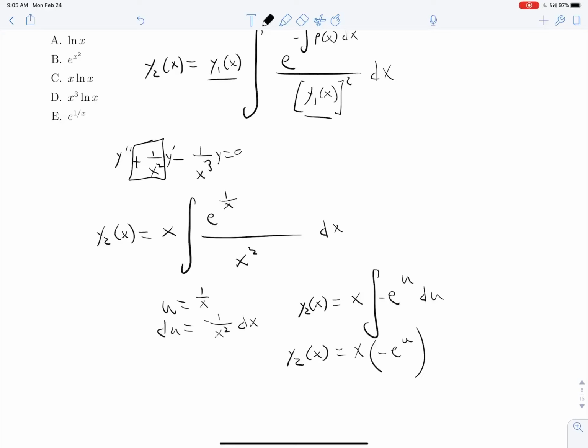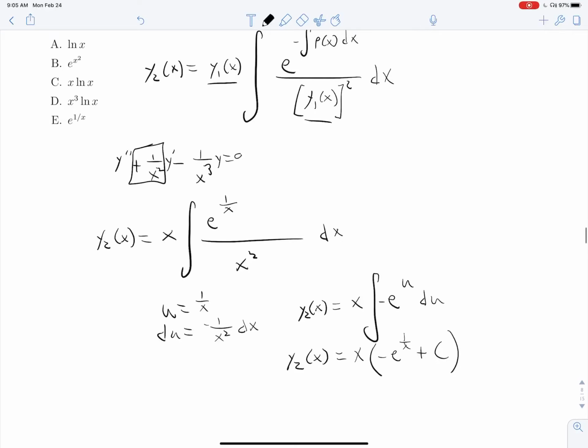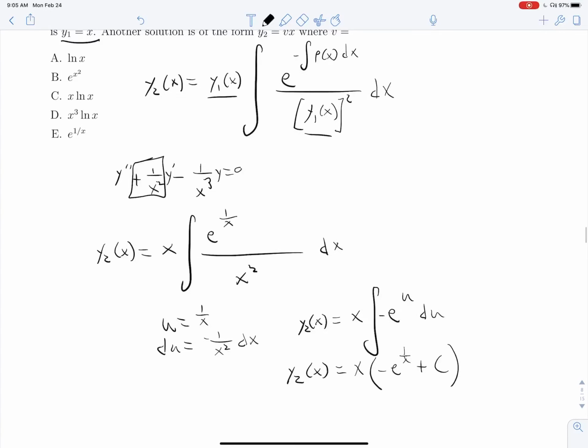But really that negative is just, plus c. Don't want to forget our plus c. And this u is actually 1 over x plus c. And since the only thing that we're looking for is the function that we're multiplying into x that's also a function of x, this guy we will call v. So v is equal to e to the 1 over x.